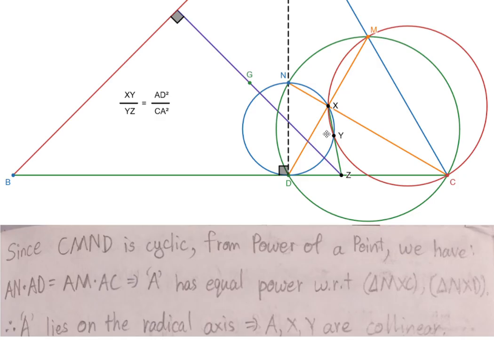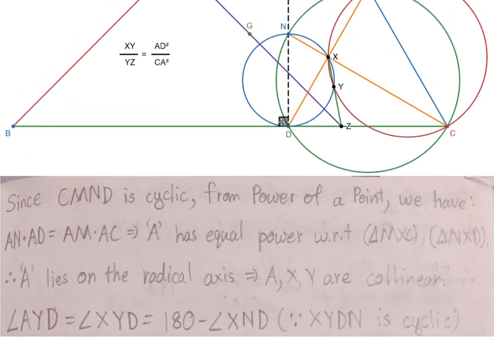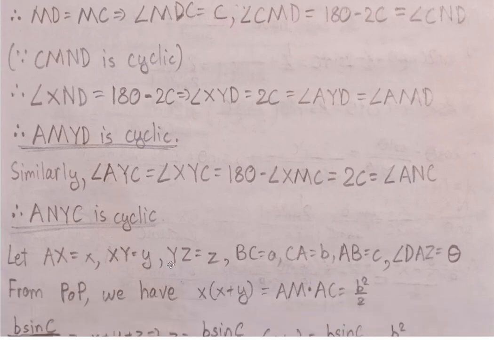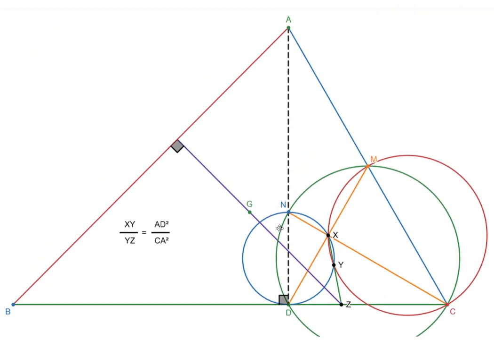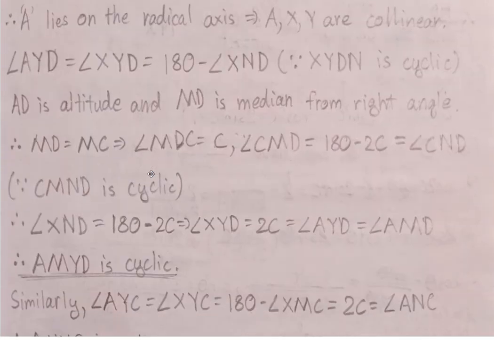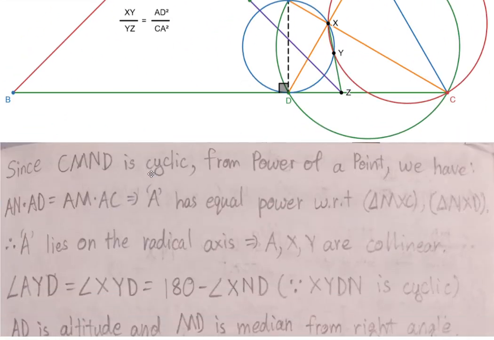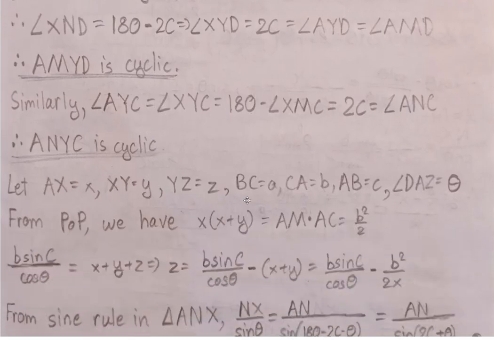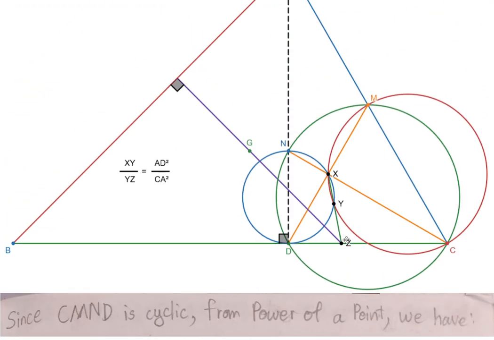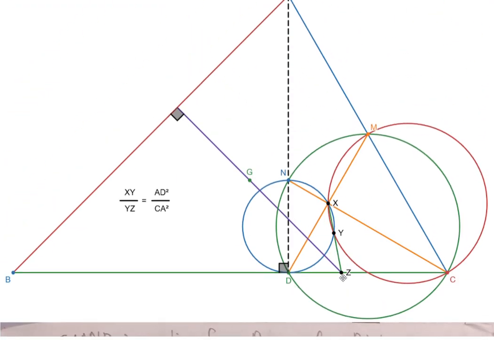This is the interesting but equation grinding part of this question. So XY is y, YZ is z, and we're assuming AX is x, although it's not drawn in the figure. And we're taking BC is a, CA is b, AB is c, as usual, and DAZ is theta.